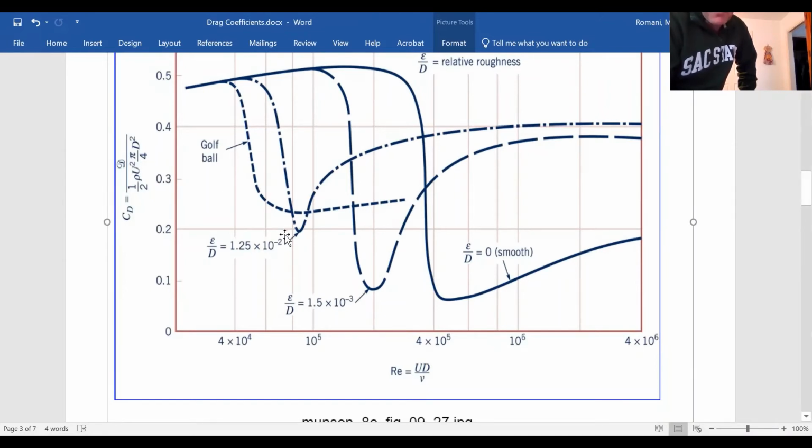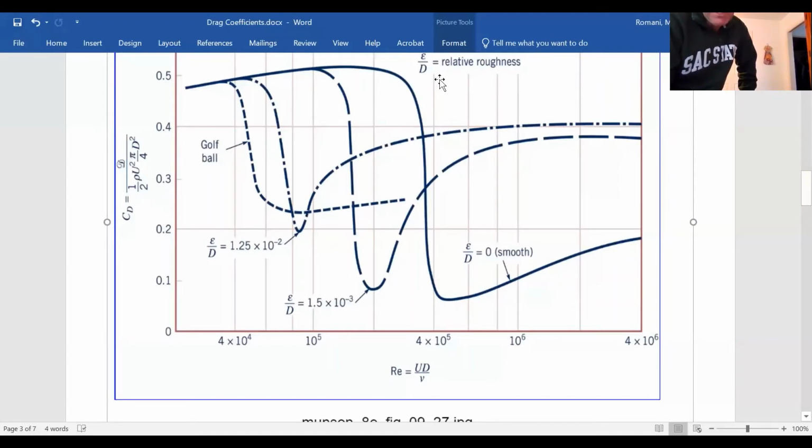Okay, let's find the smooth on there. So there is the smooth curve, which reflects exactly what we saw earlier. If you went back to that smooth curve, it would be very, very identical. It has that really pronounced dip at some point. And then we have our relative roughness, which is exactly the same calculation as our pipe. It's how rough the surface is relative to the diameter. What difference does roughness make?